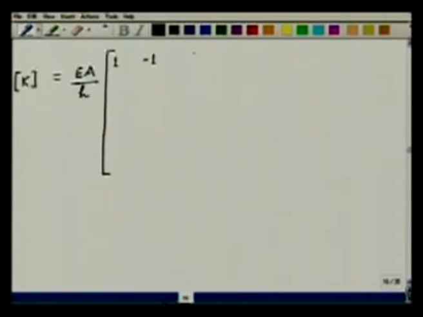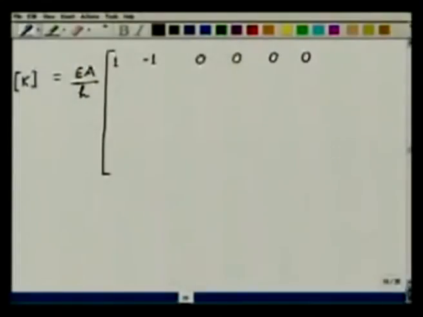Okay. Then what else? Is there anything else which is going to be there? Answer is no. So all other entries 3, 4, 5, 6 will be 0. Similarly, in the next row I will get minus 1 here by substituting the Kij's from the elements. Here I will get 1 plus 1, 2. Here I will get minus 1, and everything else is going to be 0.